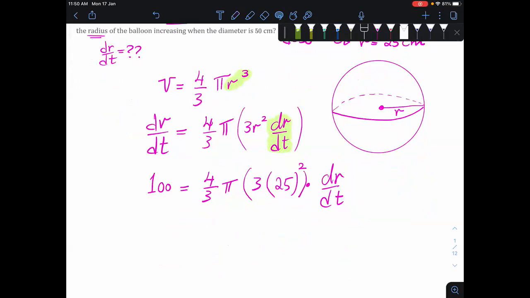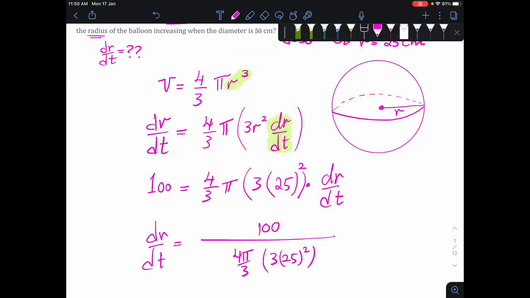So we can simply find the unknown rate, dr over dt, alone on one side. By using your calculator, it's 100 over 4 pi over 3 times 3 times 25 all squared, and do this all in the calculator.